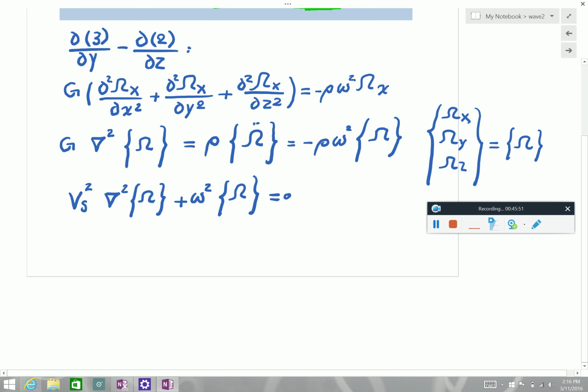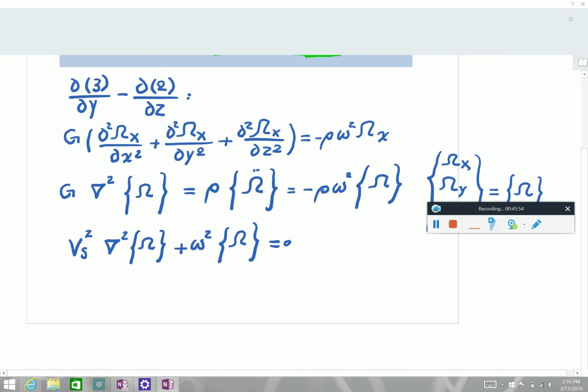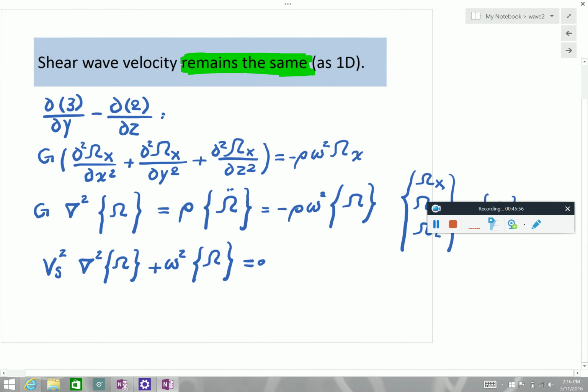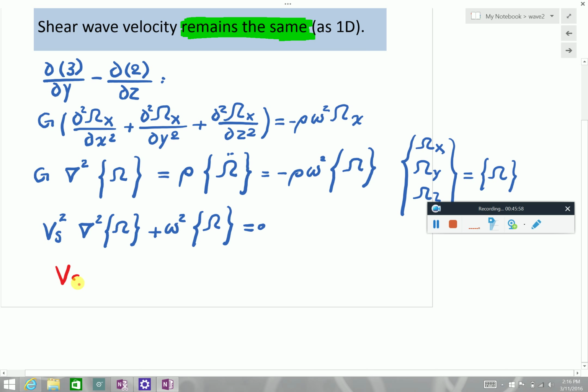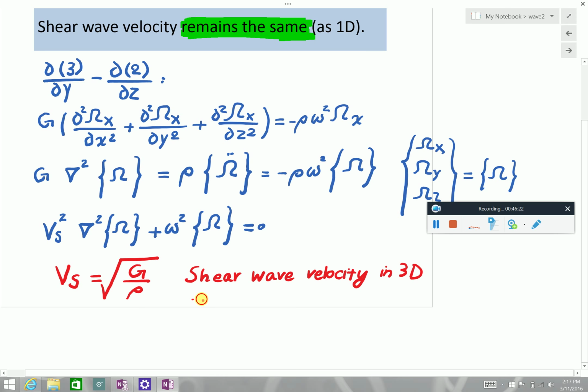So of course Vs is the square root of G over rho, the shear wave velocity in 3D, and you can very easily see that it's equal to Vs in 1D.